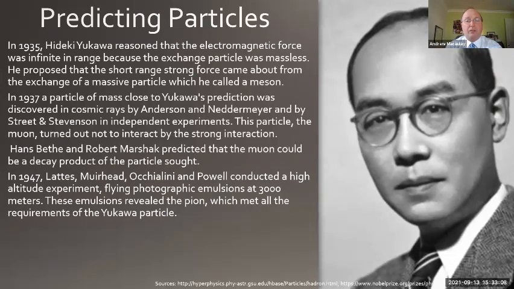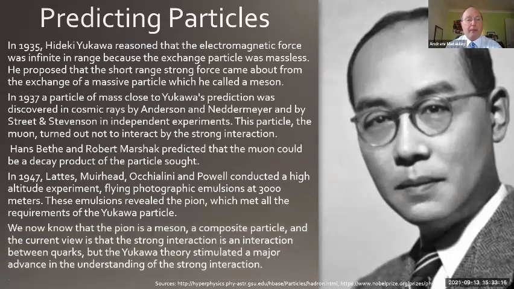These emulsions revealed the pion, which met all the requirements of the Yukawa particle, or the particle that he predicted. We now know that the pion is a meson, a composite particle, and the current view is that the strong interaction is an interaction between quarks, but the Yukawa theory stimulated a major advance in the understanding of the strong interaction.